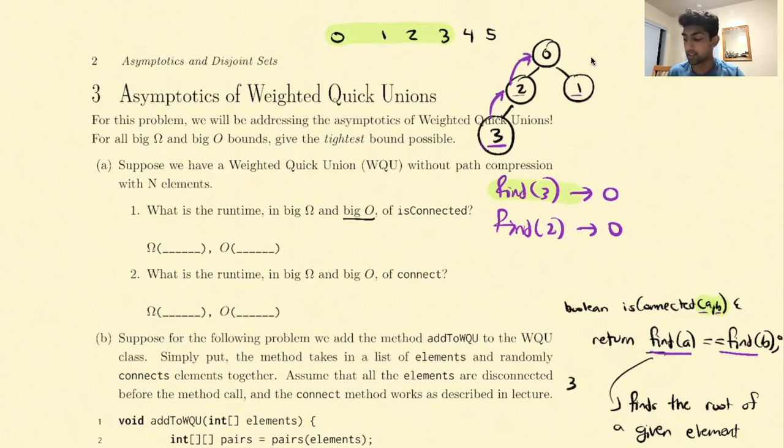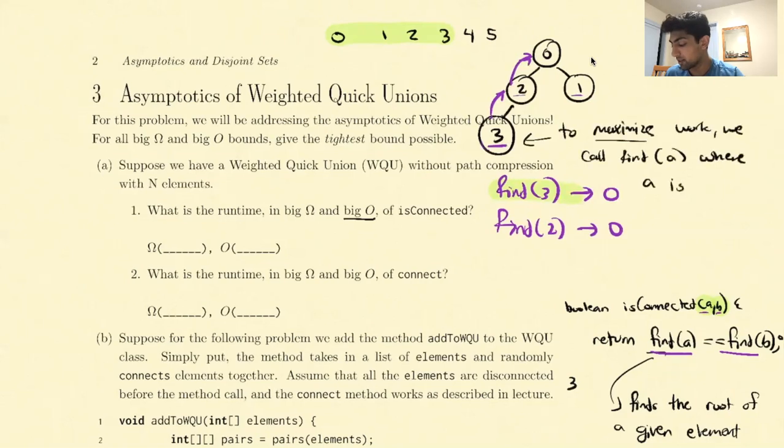So to generalize this, in any case, in order to have the most work possible, we would call find on A, where A is at the bottom of the tree.